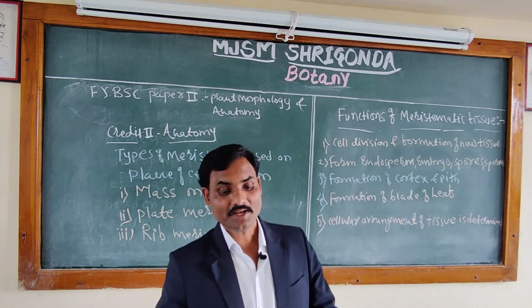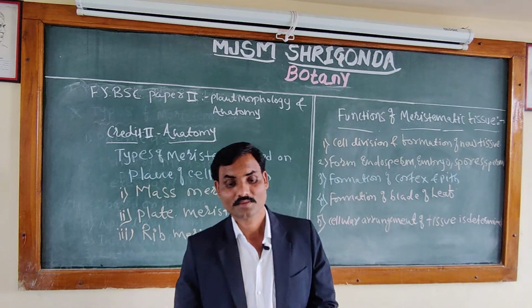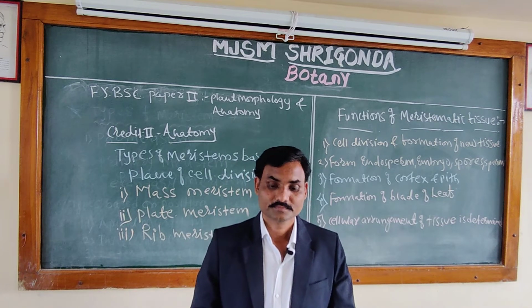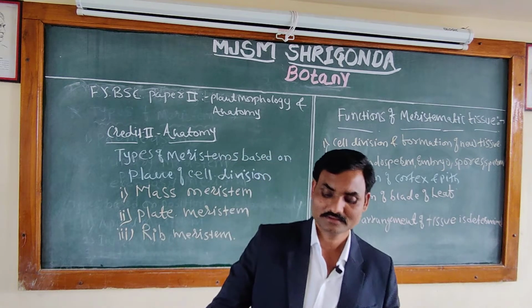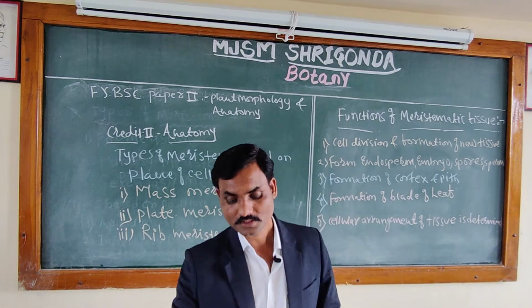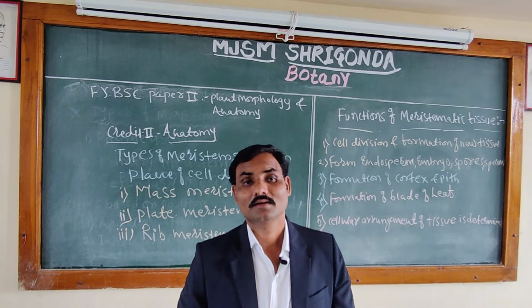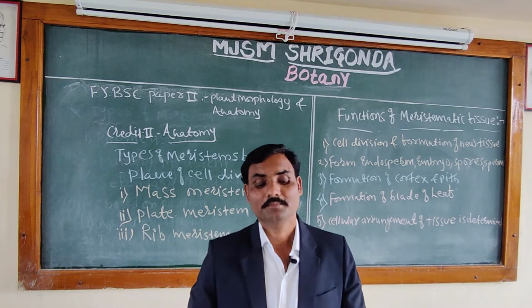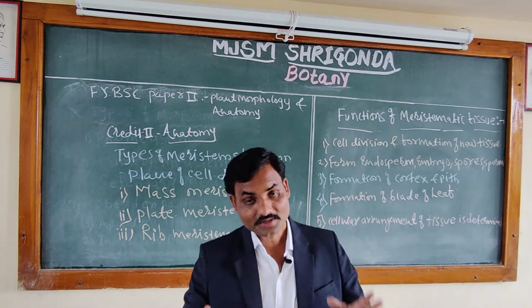Then in meristematic tissue we have studied details about meristems, how that word is derived, and which are the different characteristic features of that meristematic tissue we have learned the last time. Then in types of meristems, there are 3 types of meristems, that is promeristem, primary meristem and secondary meristem.